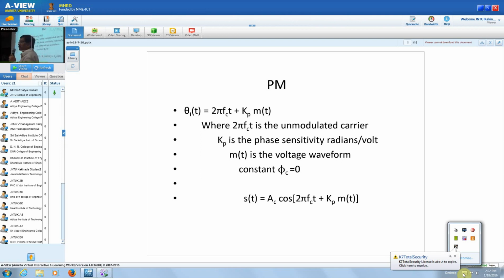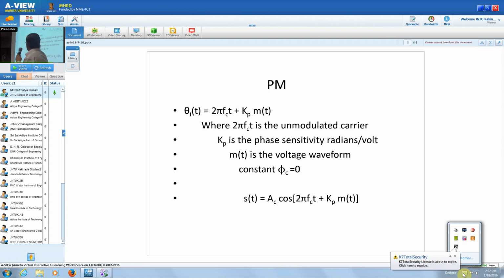When m of t is 0, no baseband signal, no modulation, therefore you are having theta i(t) as 2 pi fct, the unmodulated carrier, and this is linearly increasing or decreasing depending on your m of t. So plus kp m of t. That is, theta i(t) is varying linearly with respect to our m of t, increasing or decreasing.